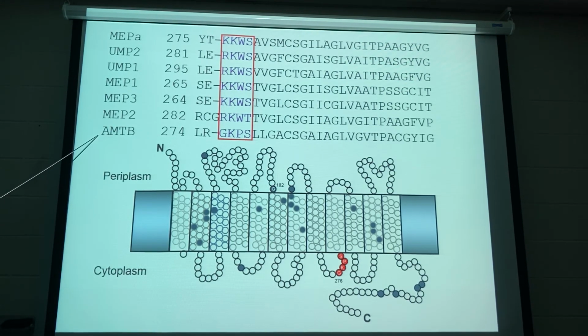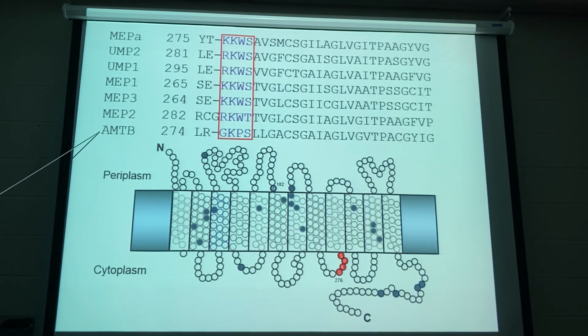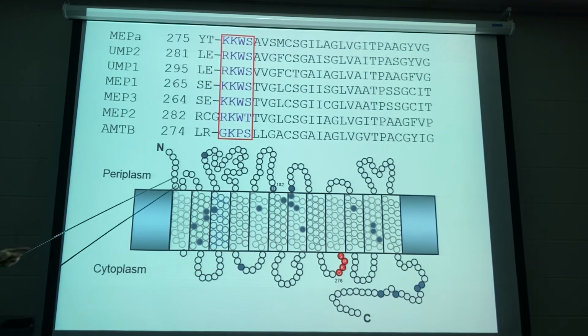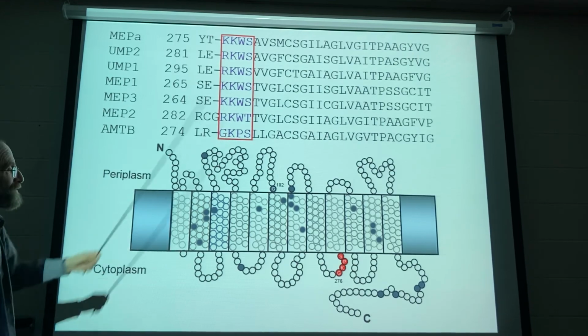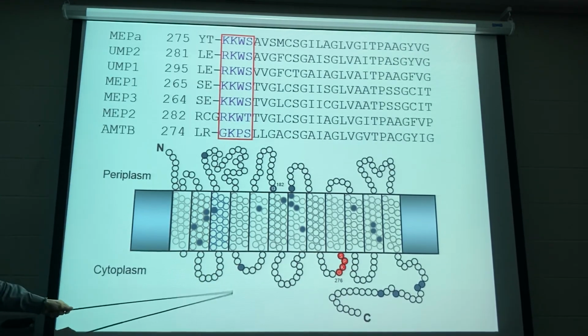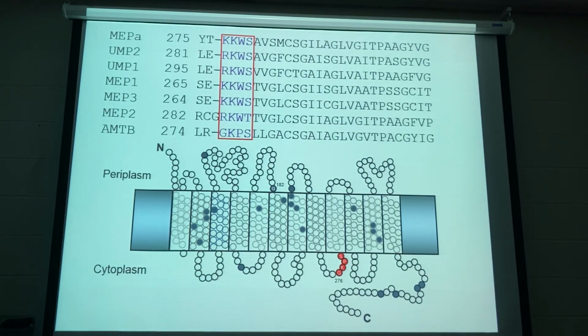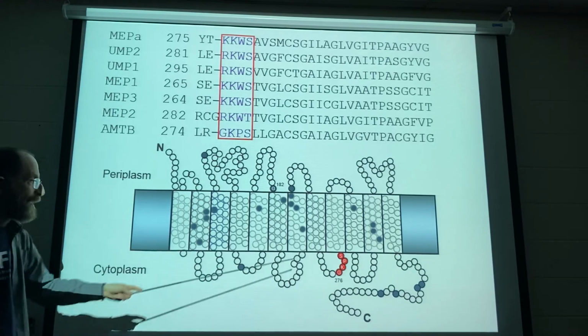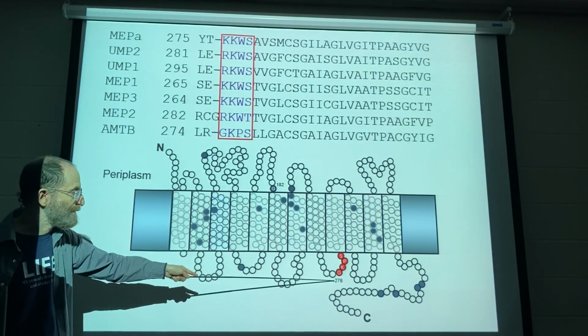So AMTB is an E. coli ammonium transporter protein, and it's got this GKPS, which is shown here. This is the inside of the cell, this is the outside of the cell. As you can see, this is a protein that spans the membrane.